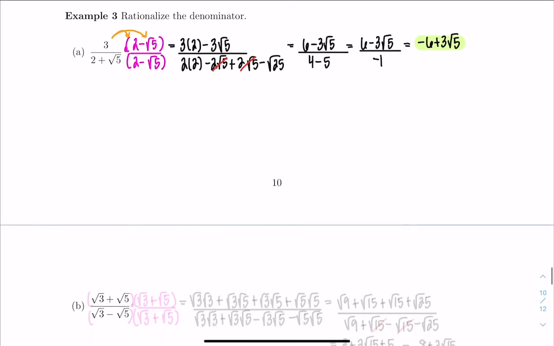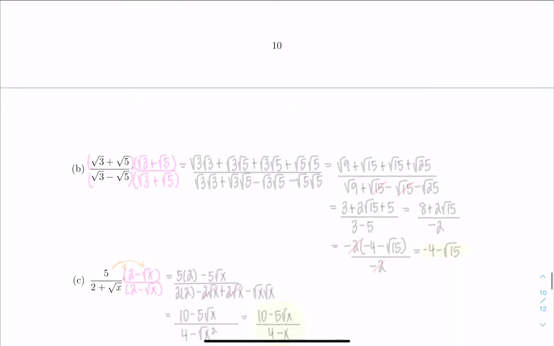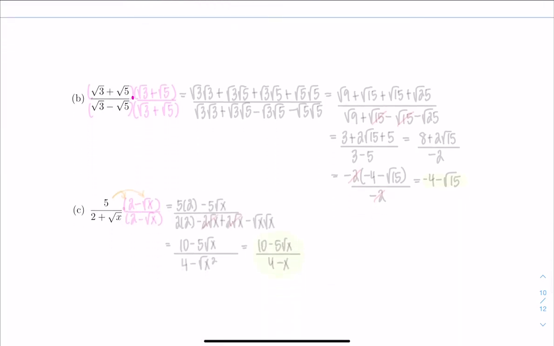Let's try the same idea for the second one. So that means we're going to multiply the top and bottom by 3 plus the square root of 5 because it's the conjugate of the denominator. So we're going to end up foiling the top and the bottom this time.